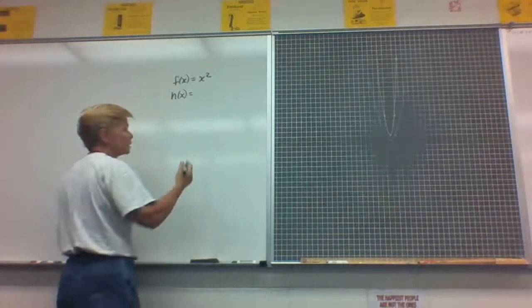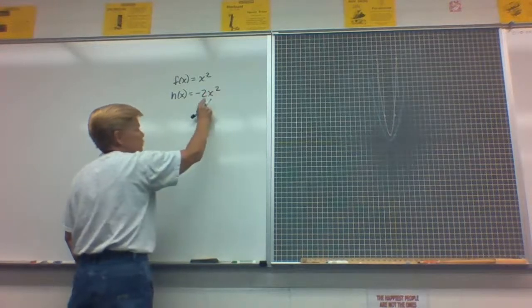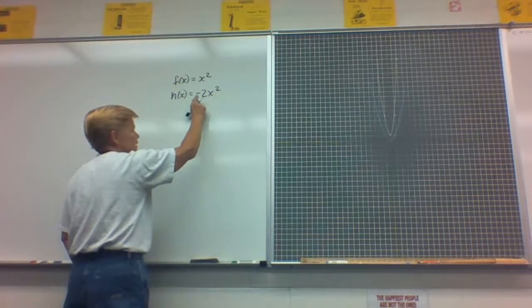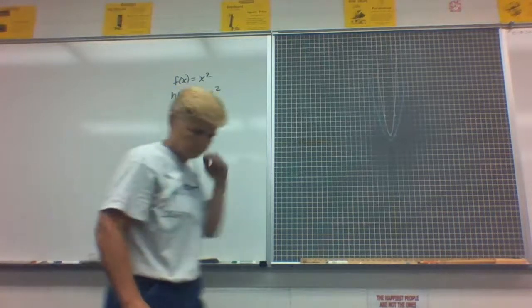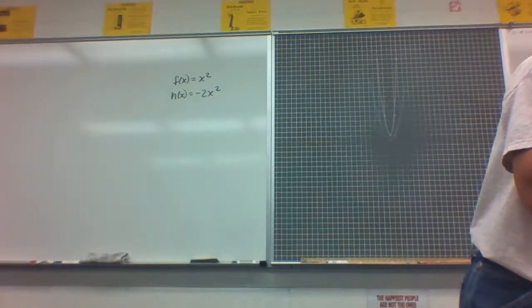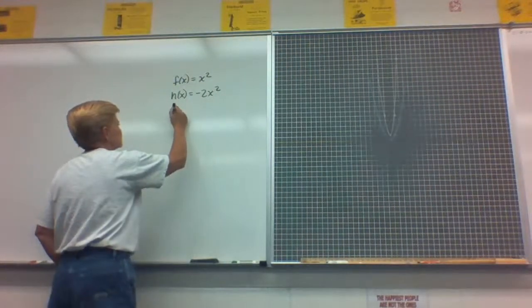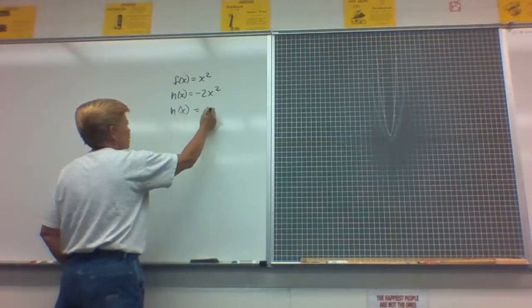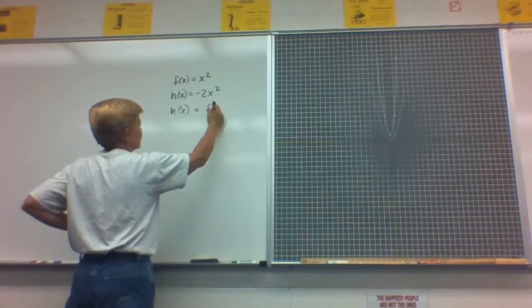There's going to be more to it, but that's the first thing I want to write down, and it looks like this. That's vertical stretch of 2, reflection in the x-axis, both take place outside the function. There's x squared. So that's the first 2 things they ask us to do. And then followed by a translation 3 units down. So we're going to take this h that we've got right here, and we're going to move it down 3 units, which would be f.